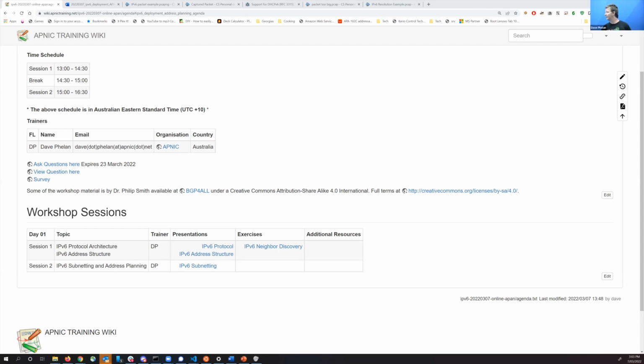So the first session, we covered off a fair bit of info. We looked at the actual IPv6 protocol itself. We looked at how the address structure works and how we use multicast and ICMP very heavily in IPv6. My key advice was: make sure multicast works in your network and make sure ICMP isn't being blocked.